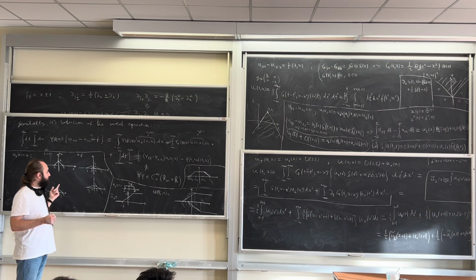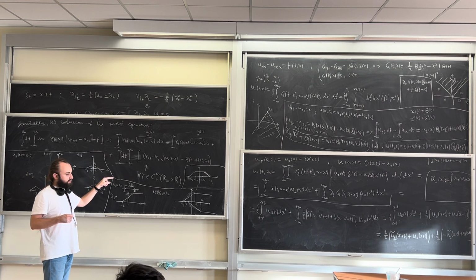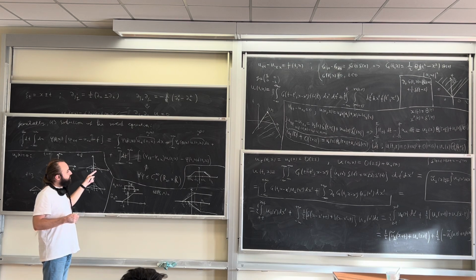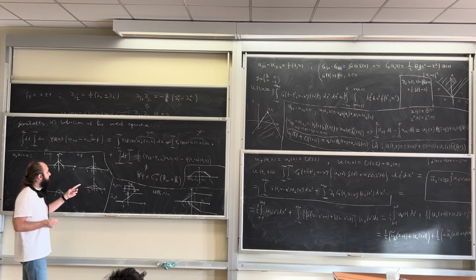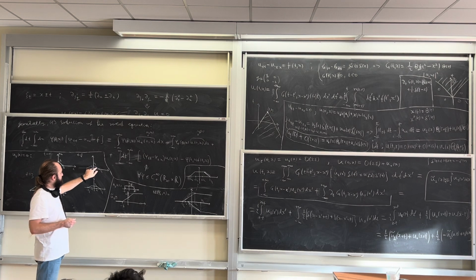So the measure of points where u prime is 1 should equal the measure of points where u prime is 0, and they appear on the left and right side of these triangles.